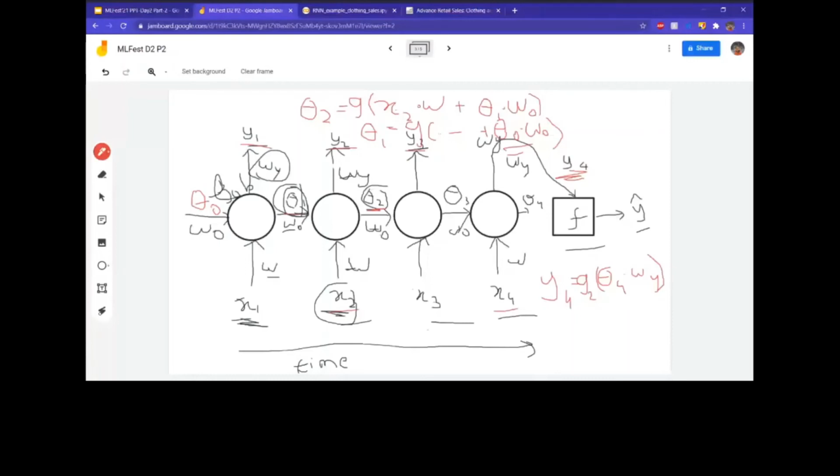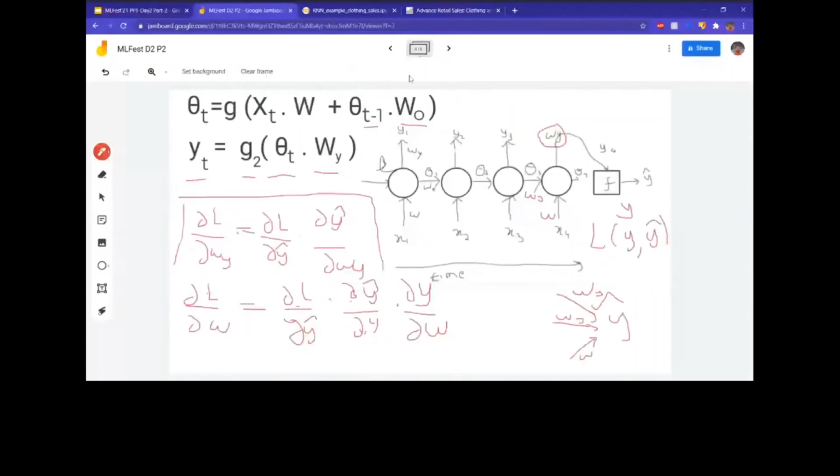So that's why we'll be passing 0 as a starting point, because that way we will know that there was nothing before this. That's why the first one that we pass is just a 0, and that's why there is no theta 0. But if we write the equation for theta 1, there is a term of theta 0 based on the general equation right here. So yes, it will be 0, and it will be solely based on the current input that you've given it.